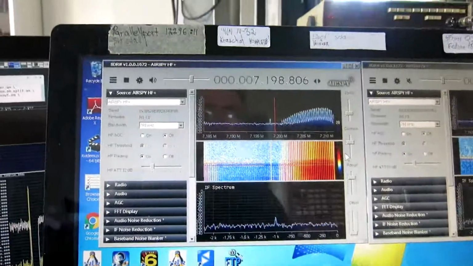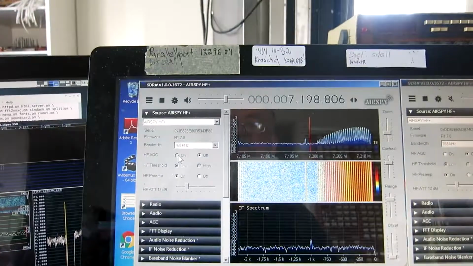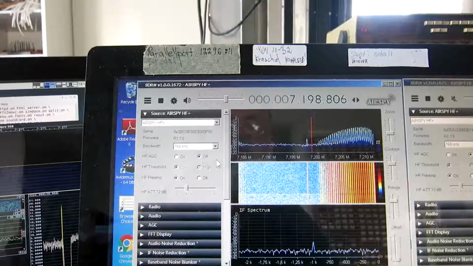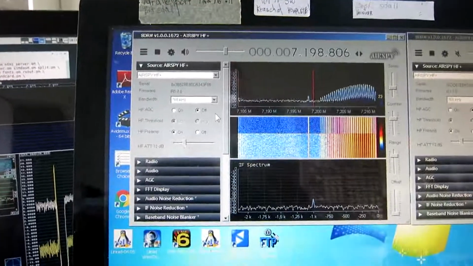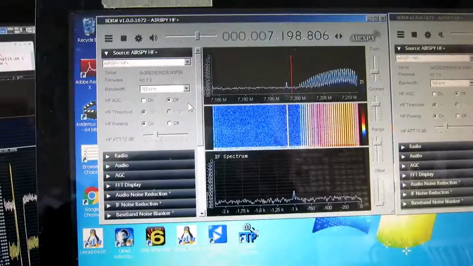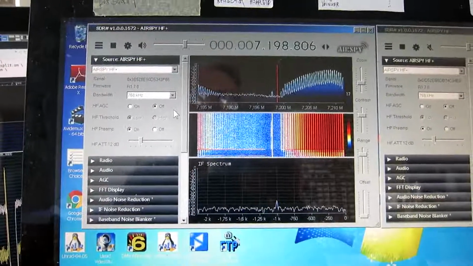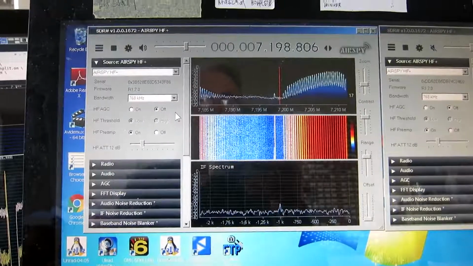Means I attenuate by 30 dB. Switch on the AGC and switch it off again. And then I go back 30 dB. And now it's okay.